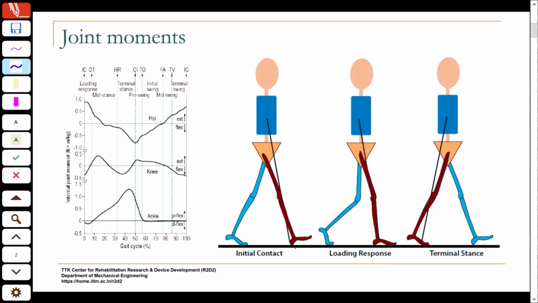So, for instance, at heel contact, if the ground reaction force is trying to create plantar flexion, then the resistive moment will be a dorsiflexion moment at the ankle. Similarly, at initial contact you are trying to prevent hyperextension, because the shank is swinging forward due to the action of gravity, and you want to prevent hyperextension of the knee.